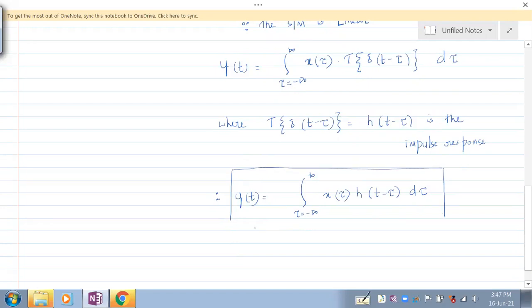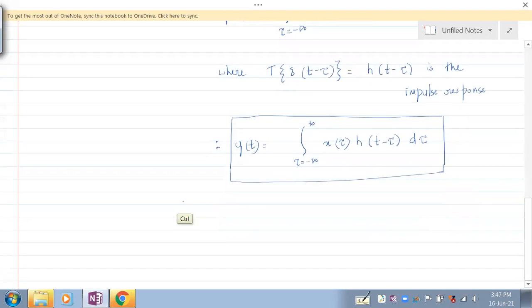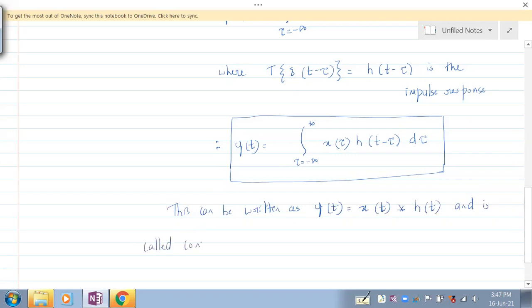Understand that? And this can be written as y of t equal to x of t convolved with h of t, and is called the convolution integral of x of t and h of t.